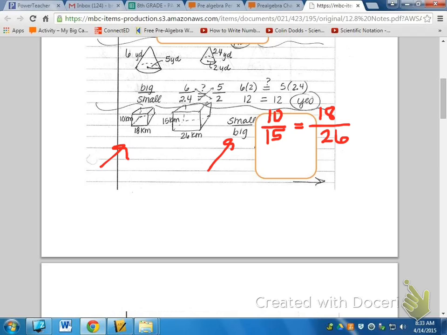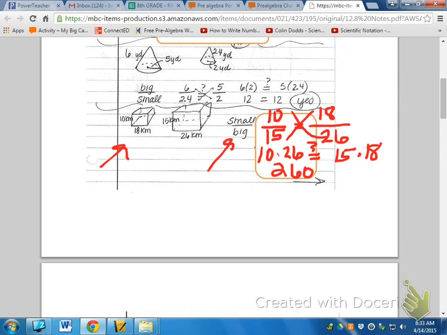So you set up this proportion with matching or corresponding parts and their measurements, and then you do the cross products. So 10 times 26, and you ask, is it equal to 15 times 18? Well, 10 times 26 is pretty easy. That's 260.